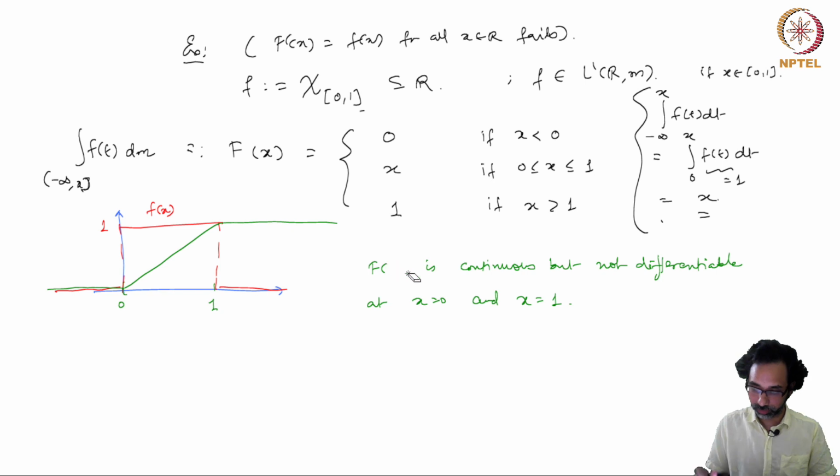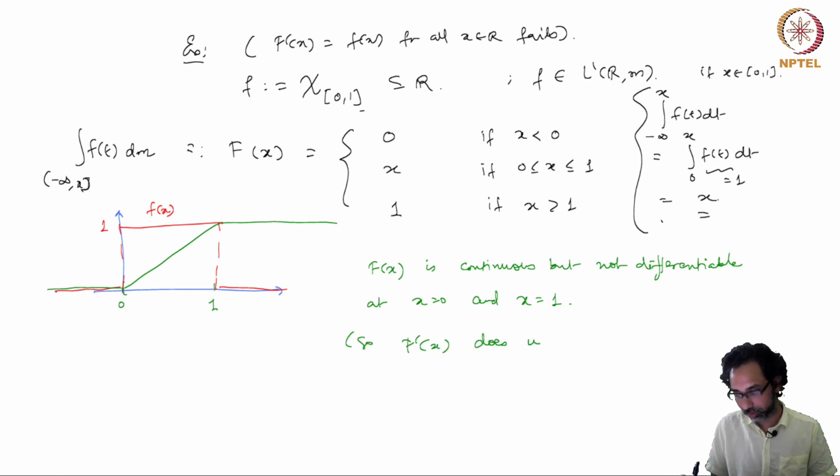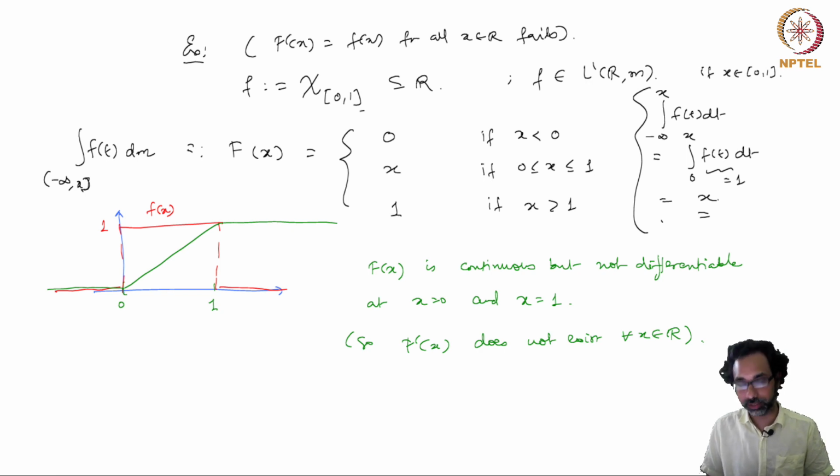And so F prime x does not even exist for all x in R. So this example shows that we cannot hope to have the same result as before, where F prime x existed for all x in a compact interval [a,b] and was equal to f(x). So here this fails, but we still have the fact that F(x) is continuous.